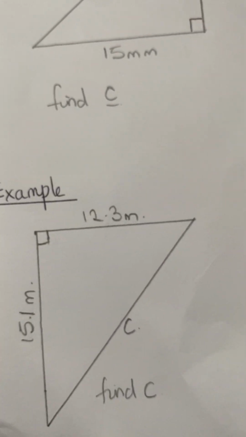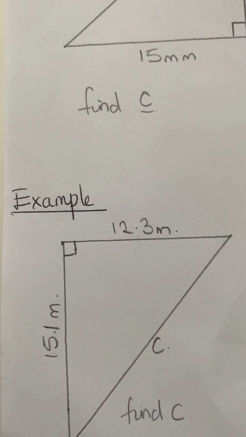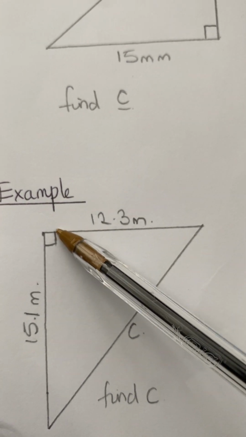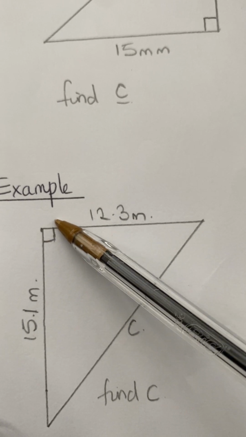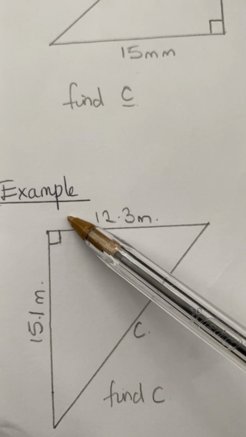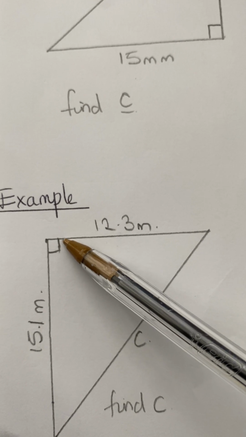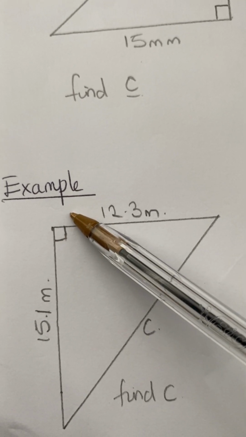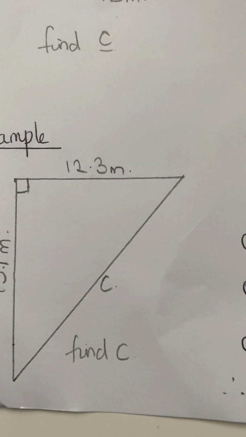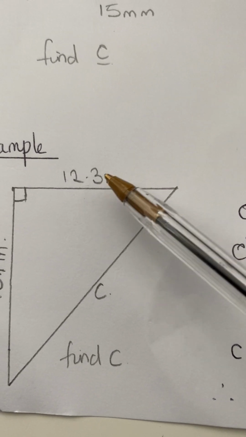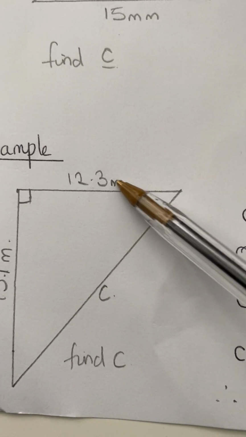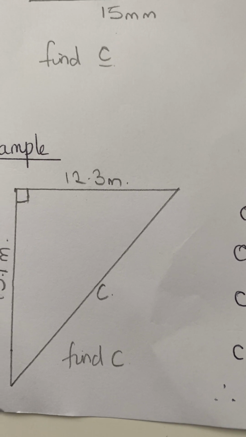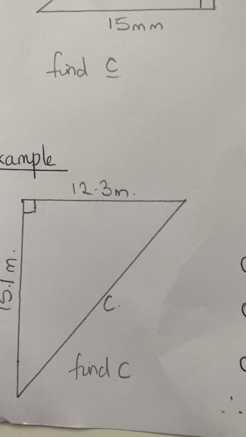Now, this is another right angle triangle. The 90 degrees right angle is here. By now, even if you're in foundation, you should know that this means 90 degrees, and you should know that the angles in a triangle add up to 180, because we've done some good videos on triangles.